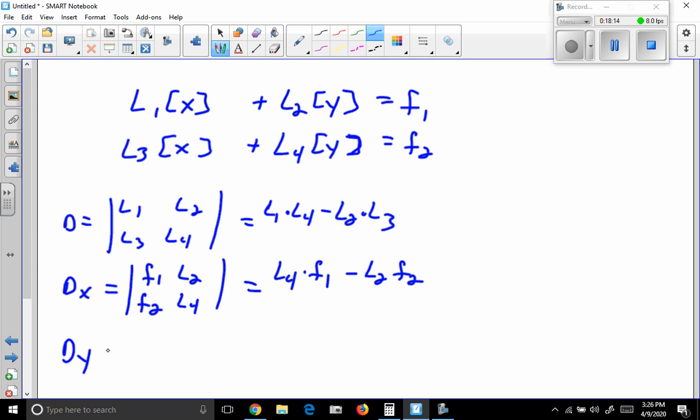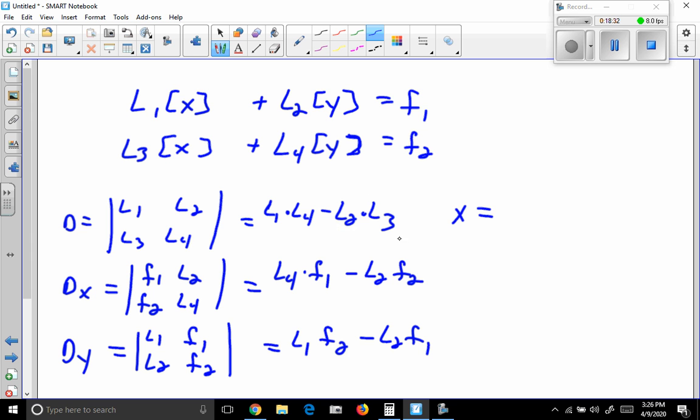And then dy will replace the second column with F1 and F2, so that would be L1 on F2 minus L2 on F1. So x is just dx over d, and y is dy over d.